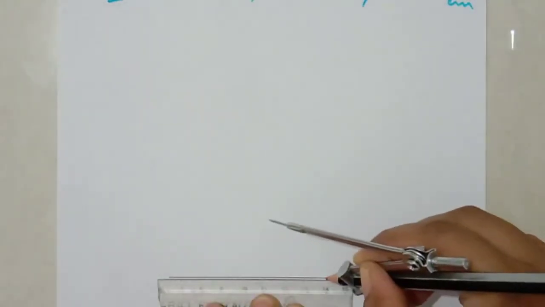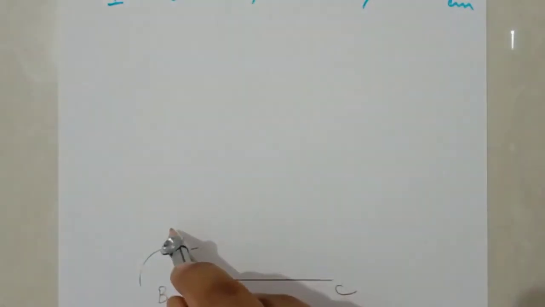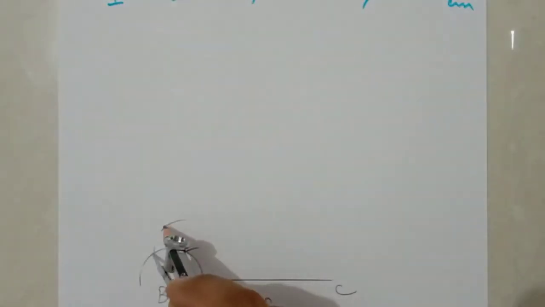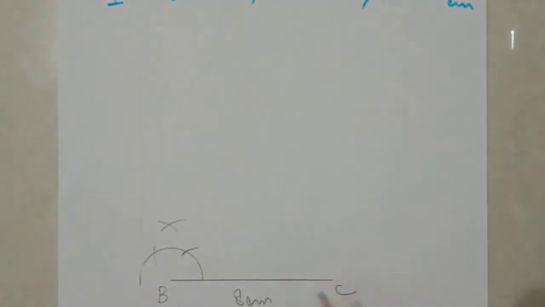First of all we will take BC as 8 centimeter from our scale. Now the angle 45 degrees is given. How will we draw the 45? The bisector of 90 is 45. So first of all we have to draw a 90 degree angle, and you know it very well. How will we draw a 90 degree angle? Please adjust your compass very well, otherwise you will not get the proper result.